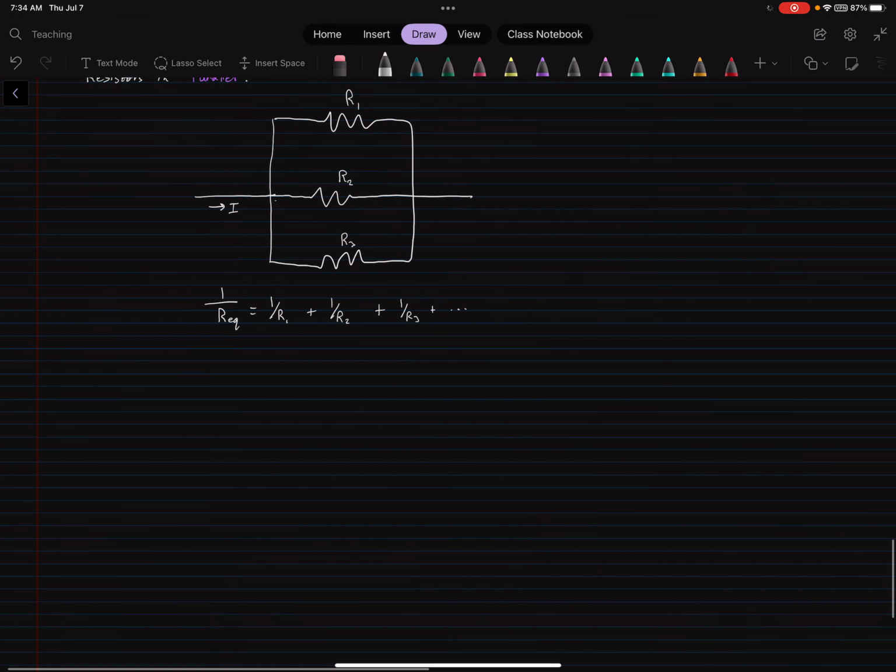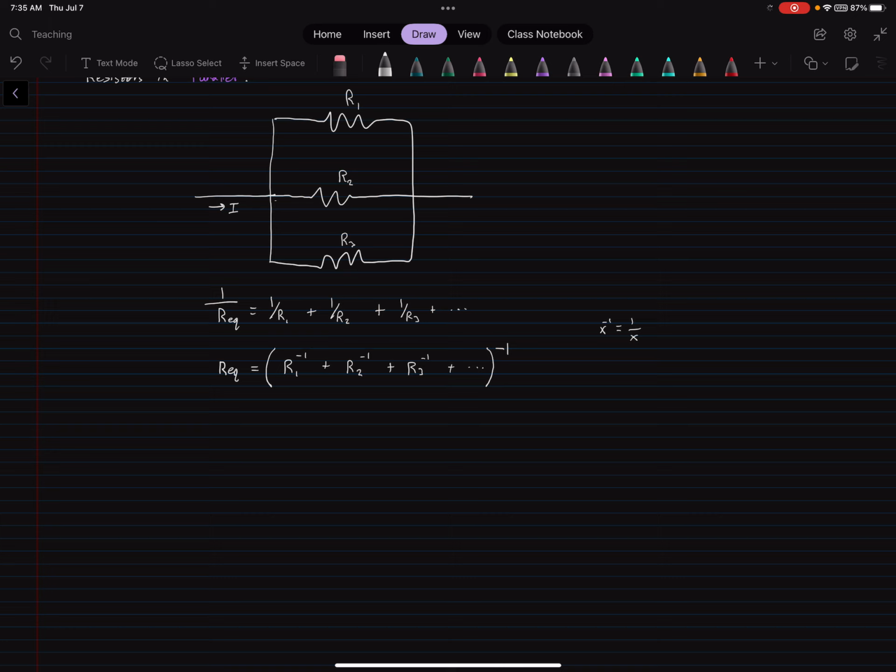And so an equivalent way of writing this would be R equivalent is equal to R1 to the negative 1 plus R2 to the negative 1 plus R3 to the negative 1 plus however many there are, and then that whole thing to the negative 1, right? So to the negative 1 just means something in the denominator. So x to the negative 1 is equal to 1 over x.